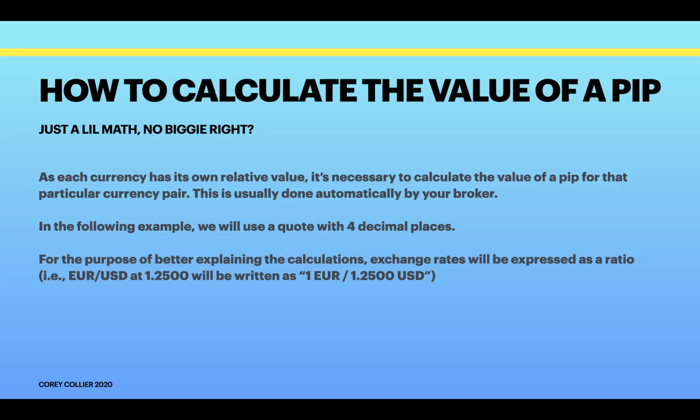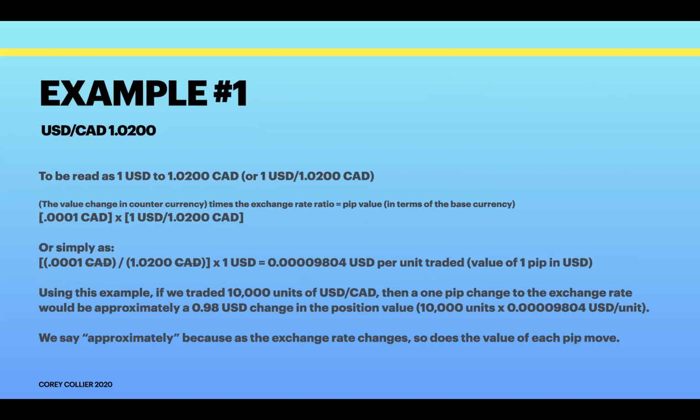So for Euro USD at 1.25, for 1 euro, it's equal to 1.25 USD. Example number 1. We've got the United States dollar versus the Canadian dollar. And the Canadian dollar is equal to 1.0200. That's to be read as 1 United States dollar to 1.02 CAD.